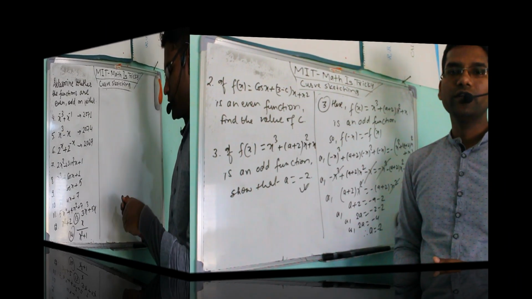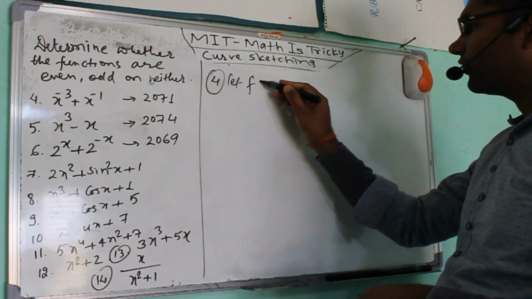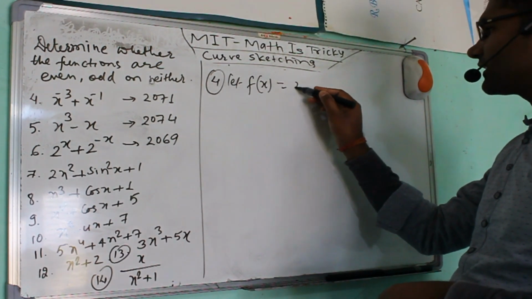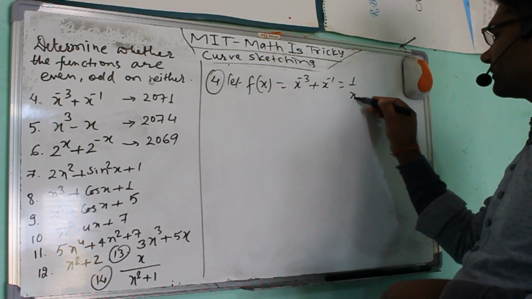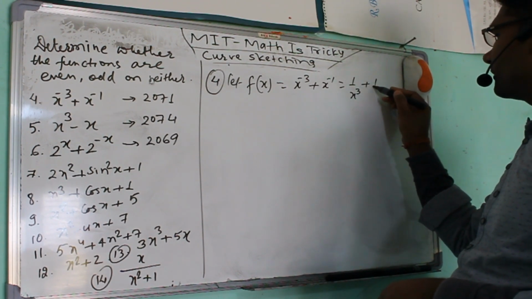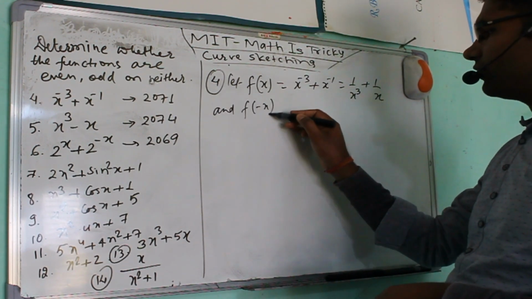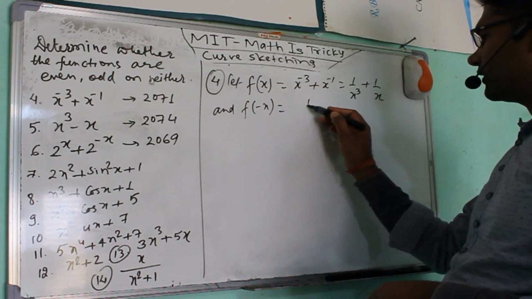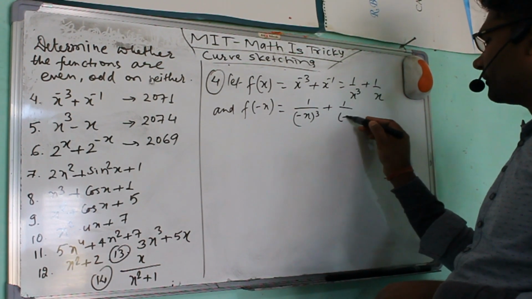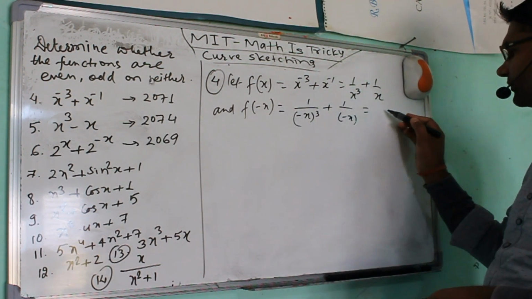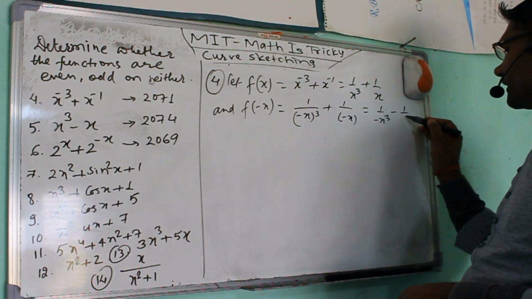I am uploading many more videos for you, and now let f(x) = x⁻³ + x⁻¹, which can be written as 1/x³ + 1/x. Now we'll find the value of f(−x), which is 1/(−x)³ + 1/(−x), which is −1/x³ − 1/x.